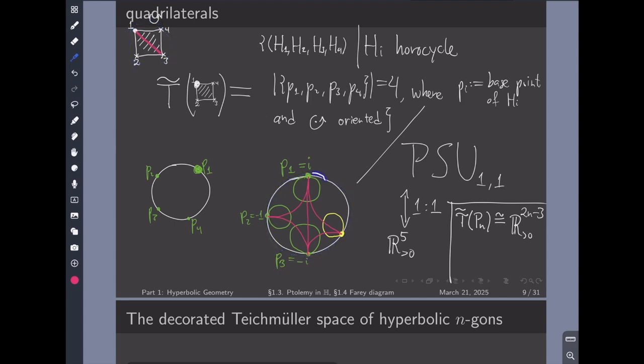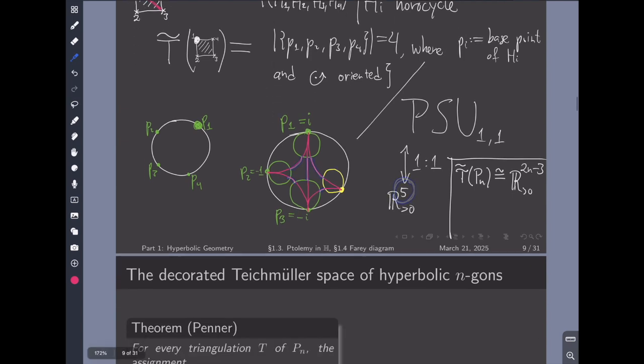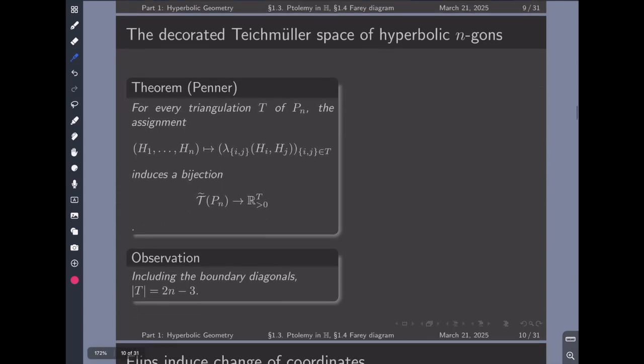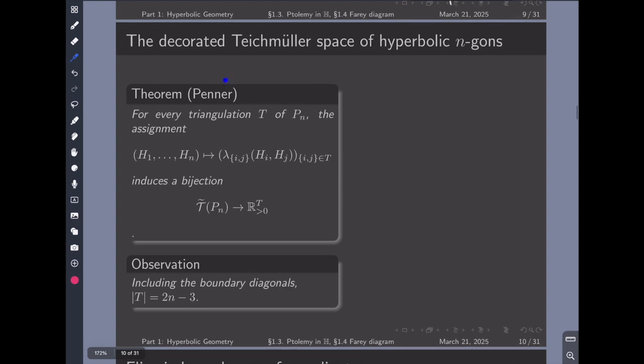And given the triangulation by geodesics, I can measure the lambda lengths, which, how many there are? 1, 2, 3, 4, 5. There are 5 lambda lengths. So we take those lambda lengths, and what Penner proves is that it doesn't matter what triangulation you take.